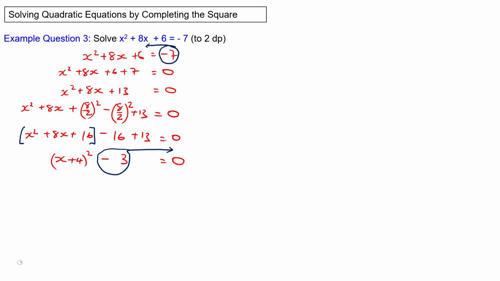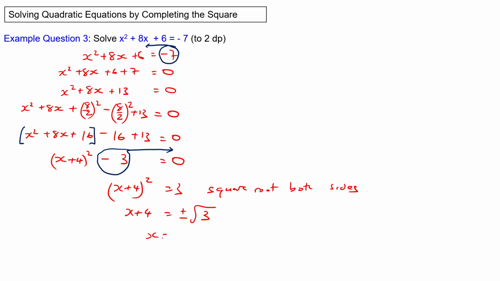So we end up with x plus 4 squared is equal to 3, and square root both sides. That leaves us with x plus 4 is equal to plus or minus the square root of 3.